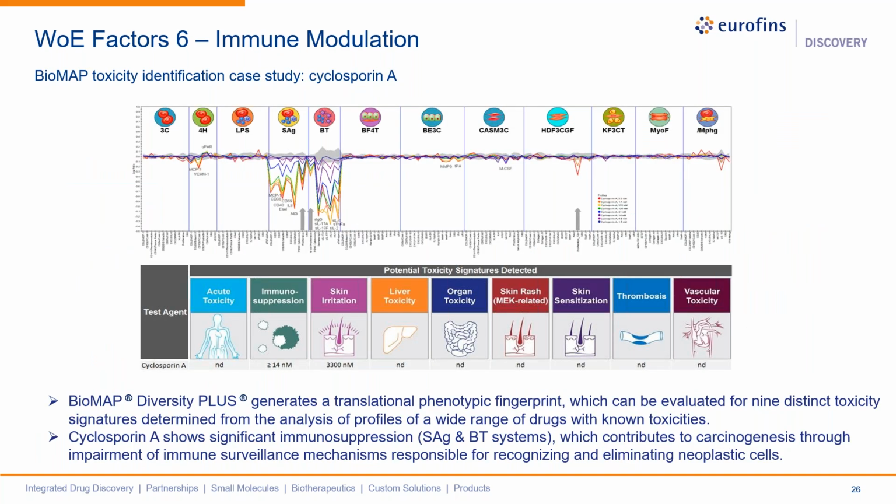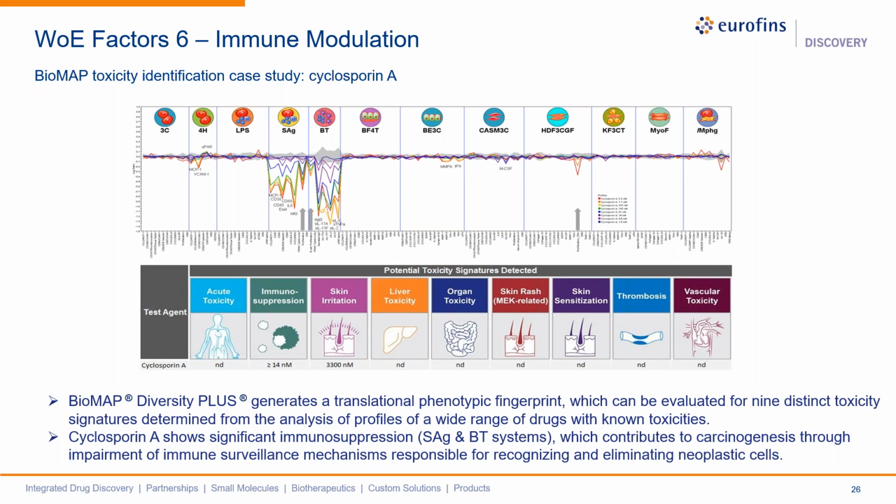Here is a case study using cyclosporin A. In the upper portion is a comprehensive phenotypic fingerprint across multiple cellular systems. Each column represents a different cellular model. The colored lines represent cyclosporin A's effect at different concentrations on various biomarkers.